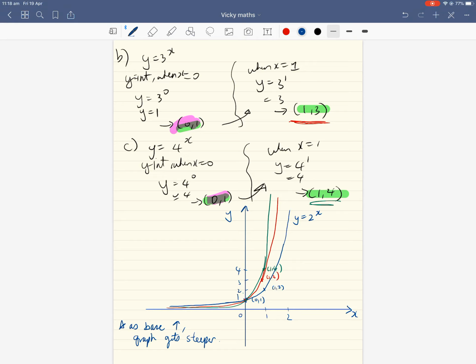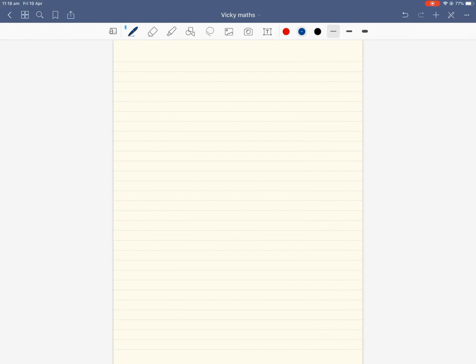Let's do one more question, which involves us solving exponential equations like last time. So example 2, find the intersection of y equals 2 to the x and y equals 8.